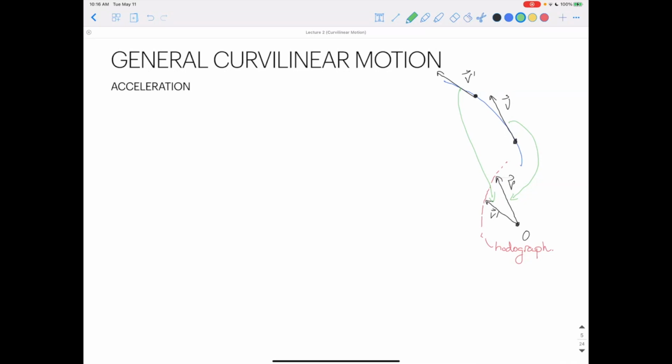And we said that the vector of the acceleration is always tangent to that hodograph line. So our acceleration term, let's do this in blue, is always tangent to that hodograph, and that changes with time.